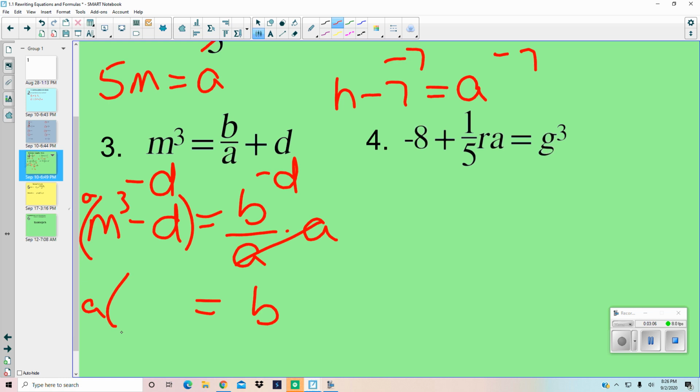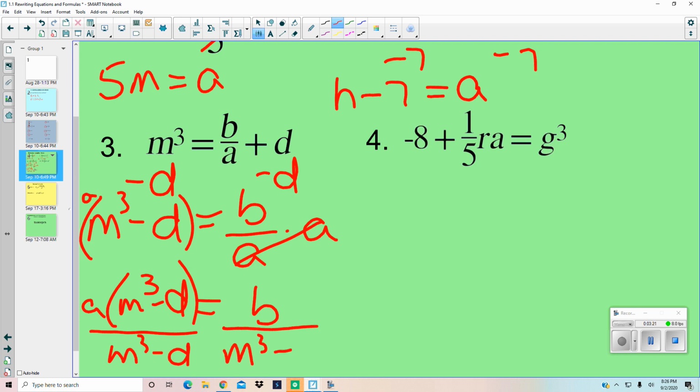Let's keep this parenthesis like this. So A is being multiplied by that set of parentheses. If I divide by the whole thing that's in parentheses, can you see that this would all cross out? And now A is by itself. A equals B over M cubed minus D.